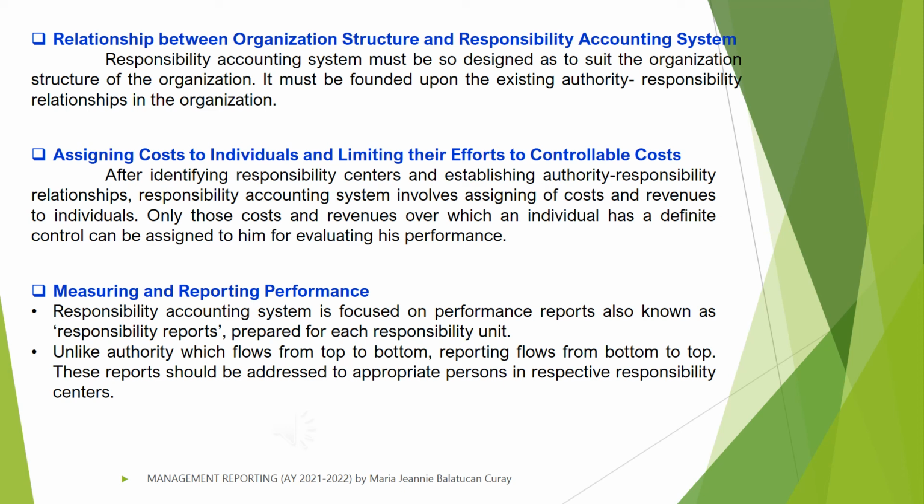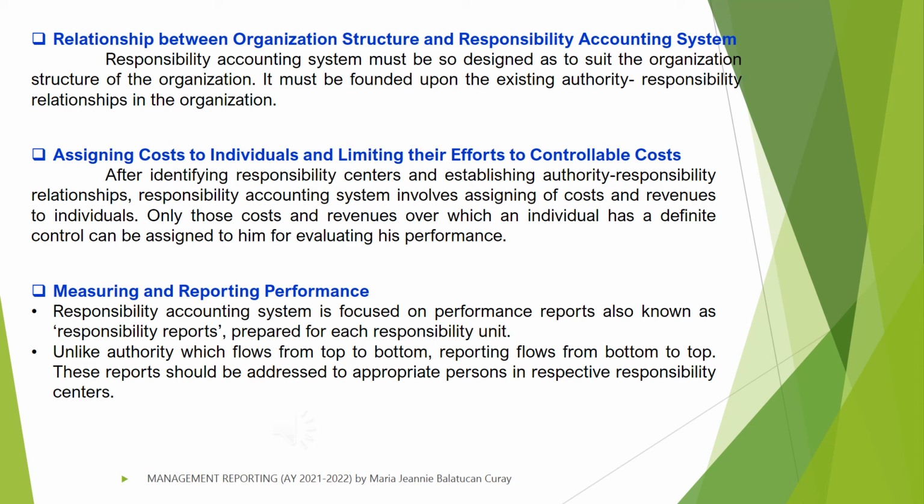Unlike authority, which flows from top to bottom, reports should be addressed to appropriate persons in respective responsibility centers. The report should contain information in comparative form, budget versus actual, and details of variances should be given relating to the specific center.